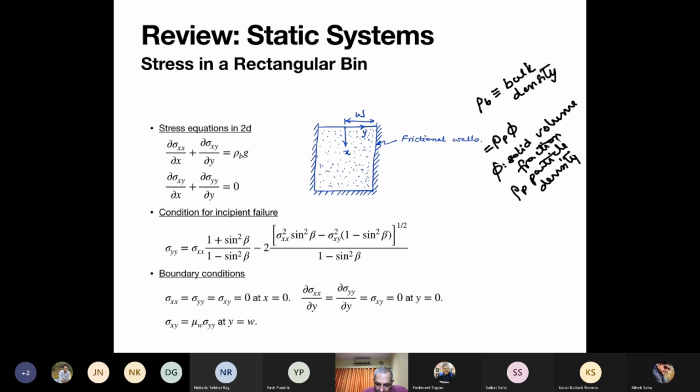Now, we did a lot of algebra and we showed that if the system is in a condition of incipient failure, then you can actually write an expression for sigma yy in terms of sigma xx and sigma xy like this.